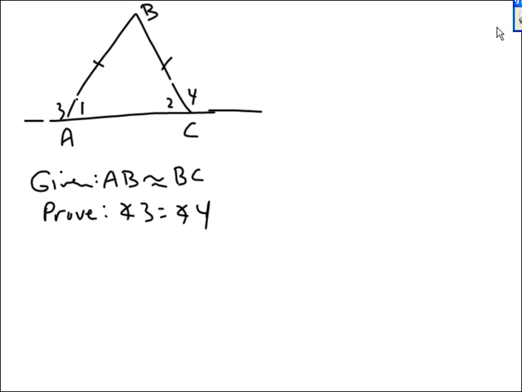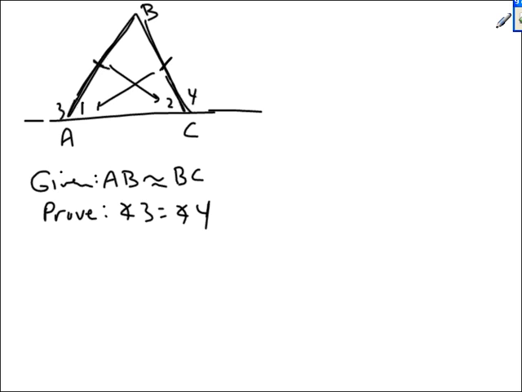If two sides are equal, then they're opposite angles. Opposite BC is angle 1. Opposite AB is angle 2. If AB and BC are in fact equal, then so are angle A and B.